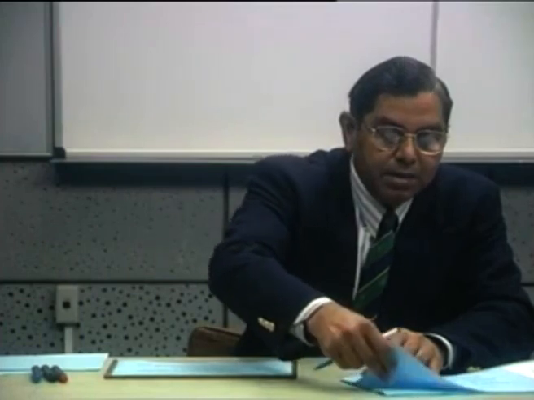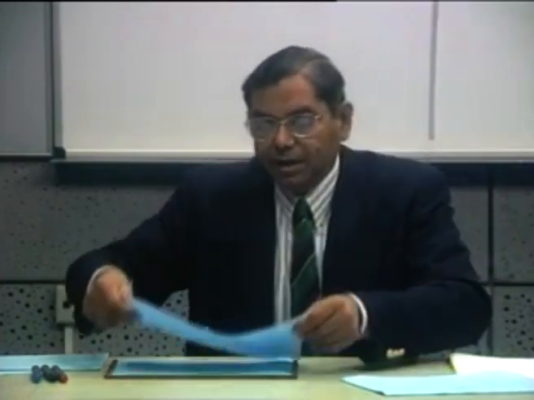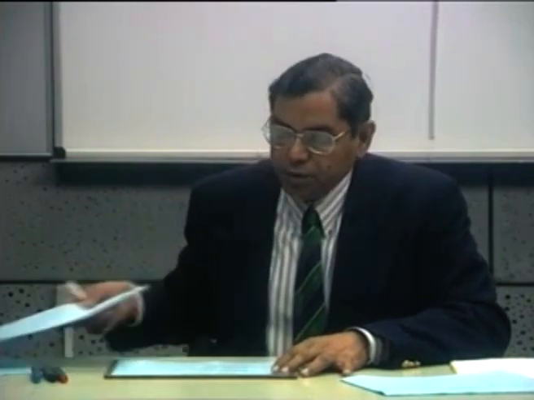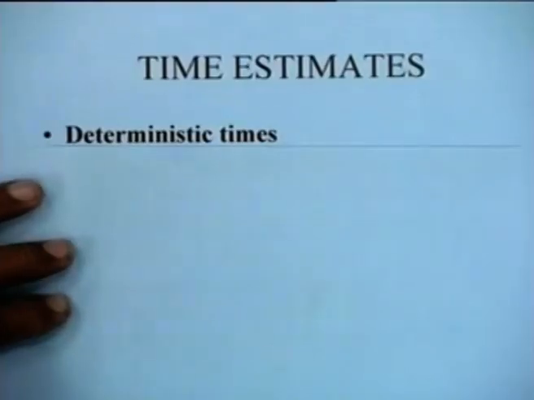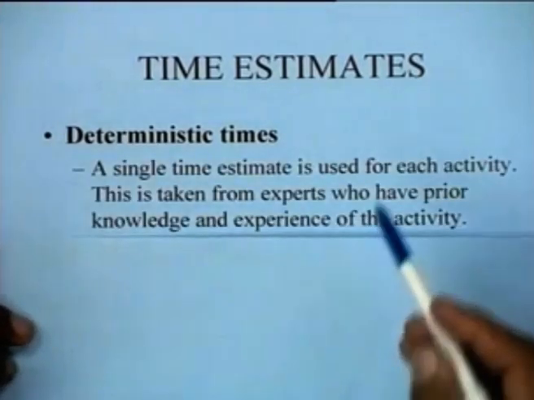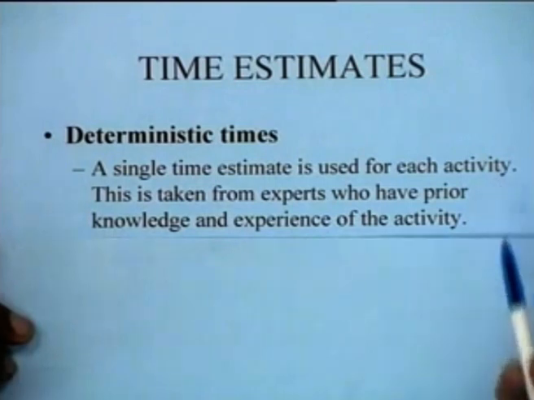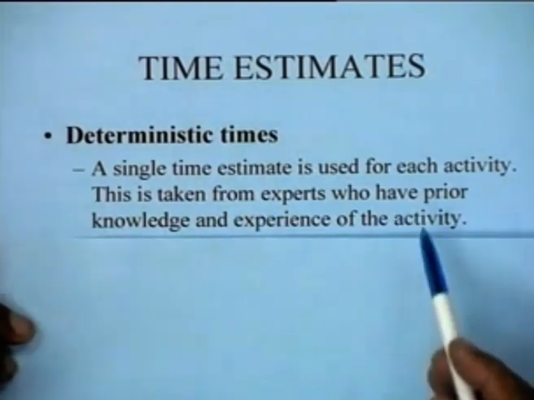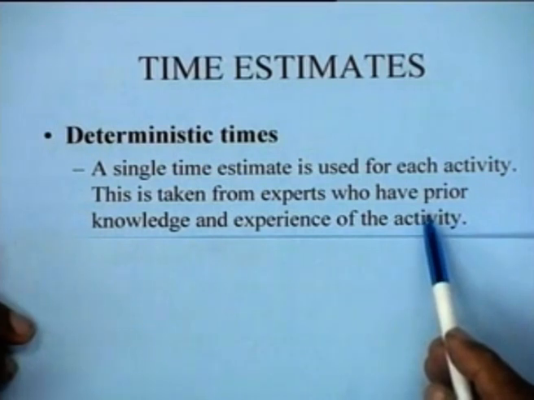As far as the manner in which these estimates are obtained, here is what we can say. In deterministic times, a single time estimate is used for each activity, and this is taken from experts who have prior knowledge and experience of the activity.